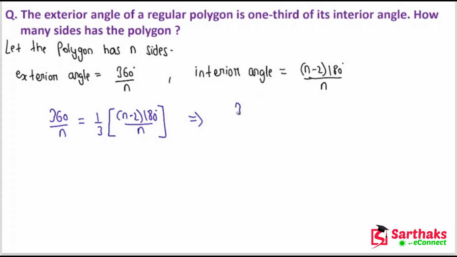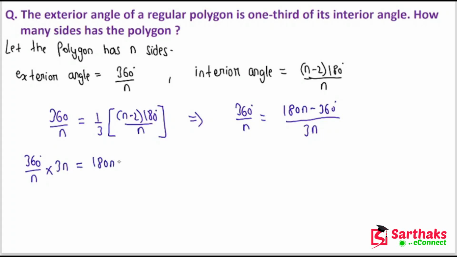So we would get 360 degrees whole upon n is equal to, multiplying 3 on this side, 180n minus 360 degrees whole upon 3n. Multiplying both the sides by 3n, we would get 360 degrees upon n into 3n is equal to 180n minus 360 degrees upon 3n into 3n.